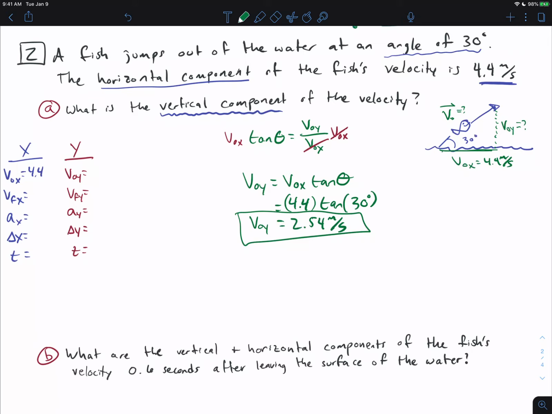Okay, I believe so. But also I can use this now to fill in a little bit more of my tables. So you'll see we can use these tables to fill in information as we're going along. So if we have, let's say, a part B, a part C, we can use the information that we know to find out even more, right?